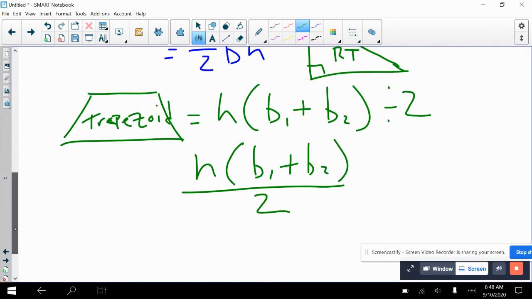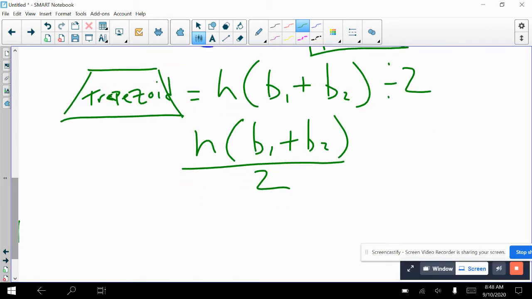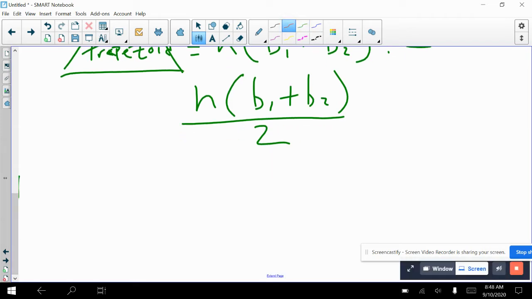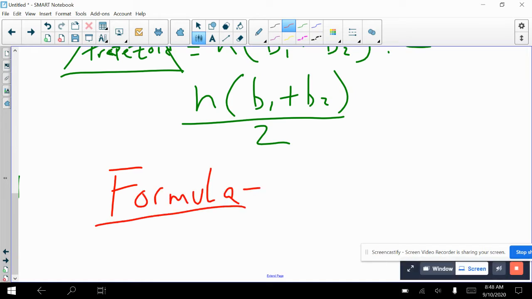Okay, so we mentioned something about a formula. Anybody know what a formula is? A formula is an equation that tells how one variable is related to another. That's all that means.